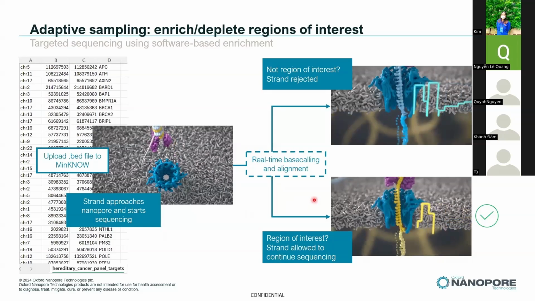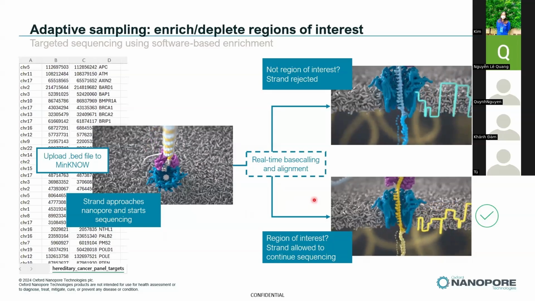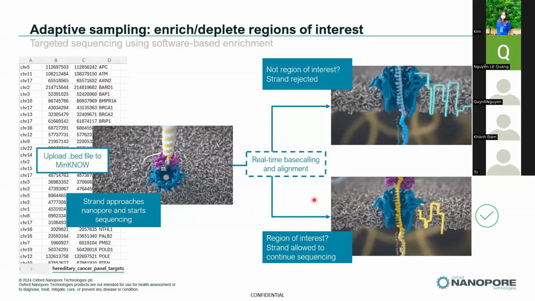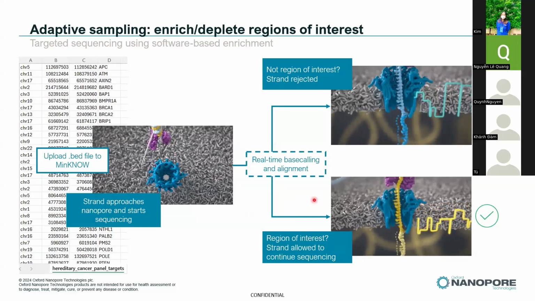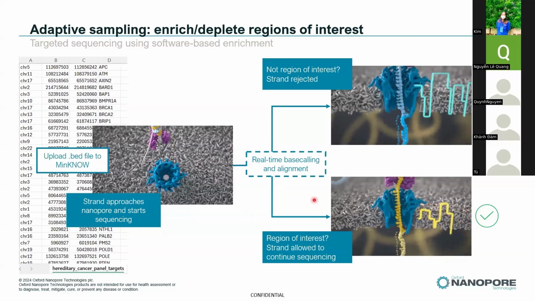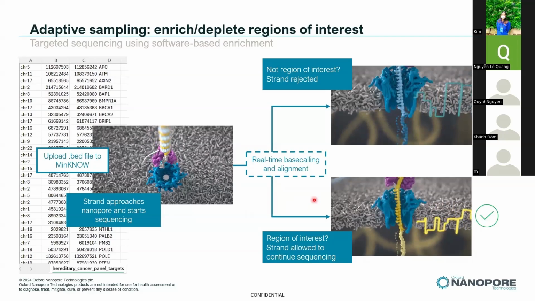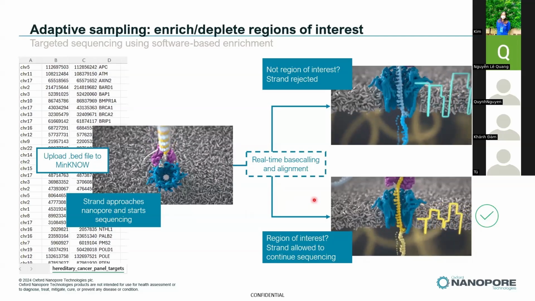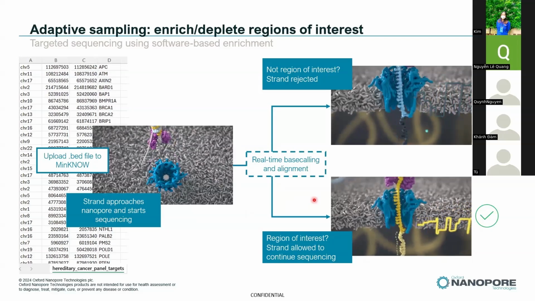Once the sequencing has started, due to the real-time nature of nanopore sequencing, our operating software, MinKNOW, will be identifying whether the strand that is being sequenced is within the region of interest. In 1 second on the nanopore platform, approximately 400 to 800 bases will be sequenced, depending on which device.